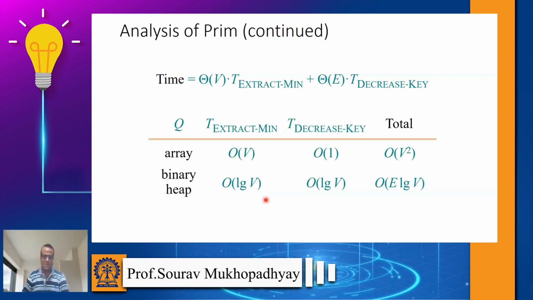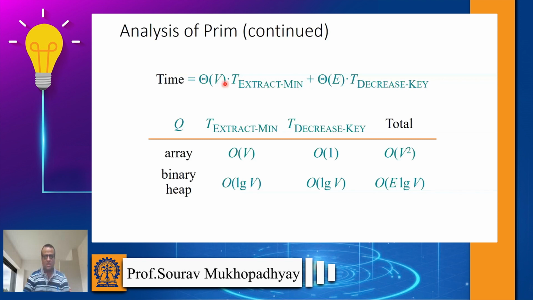So for that, order of log V. And again for decrease key, if we just decrease the value of a node, then maybe we have to apply min heapify there in order to restore the min heap data structure. That will cost us order of log V.